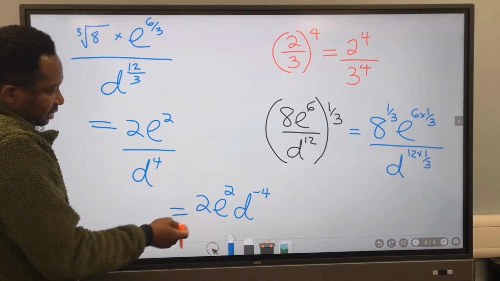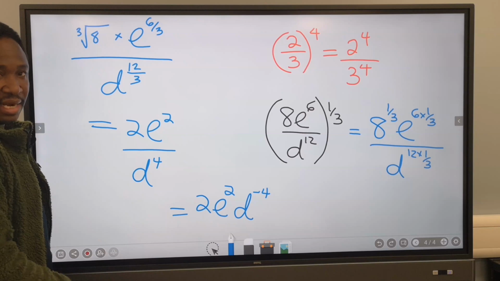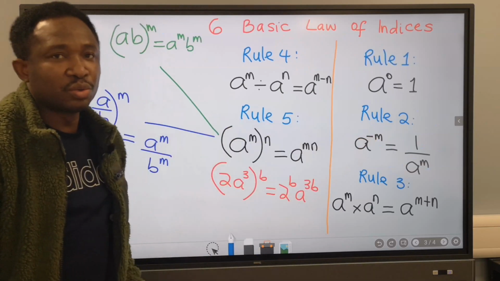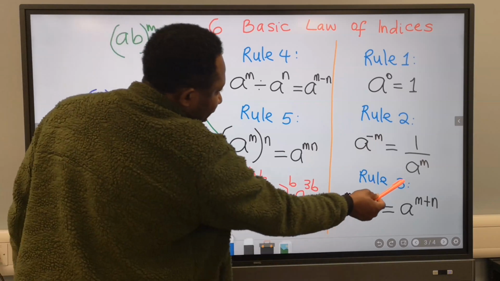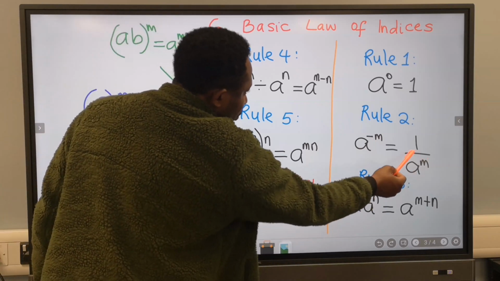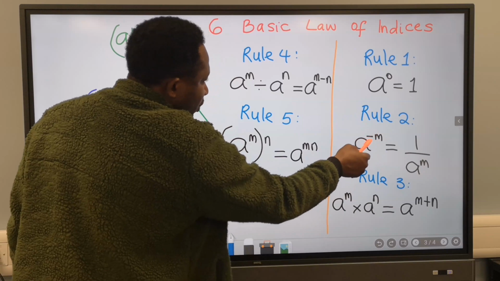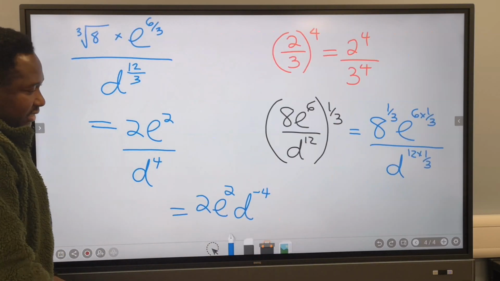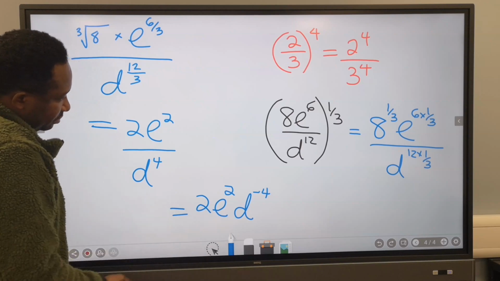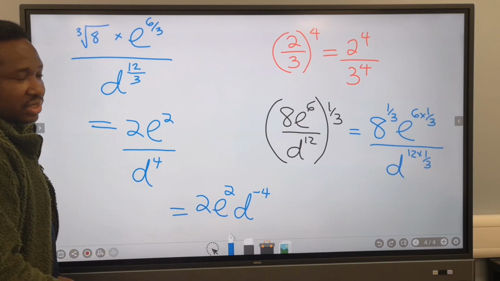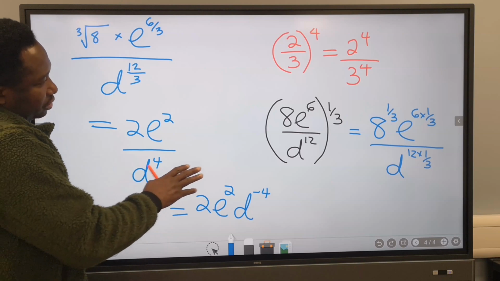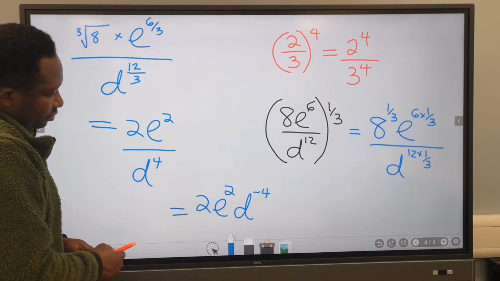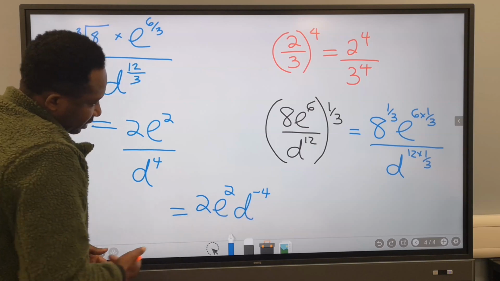Both are the same according to the second rule, because I can take d with its power up and it's going to acquire a minus. That's exactly what I did here. You see, in this question, I've applied 2 rules already, if you consider this.